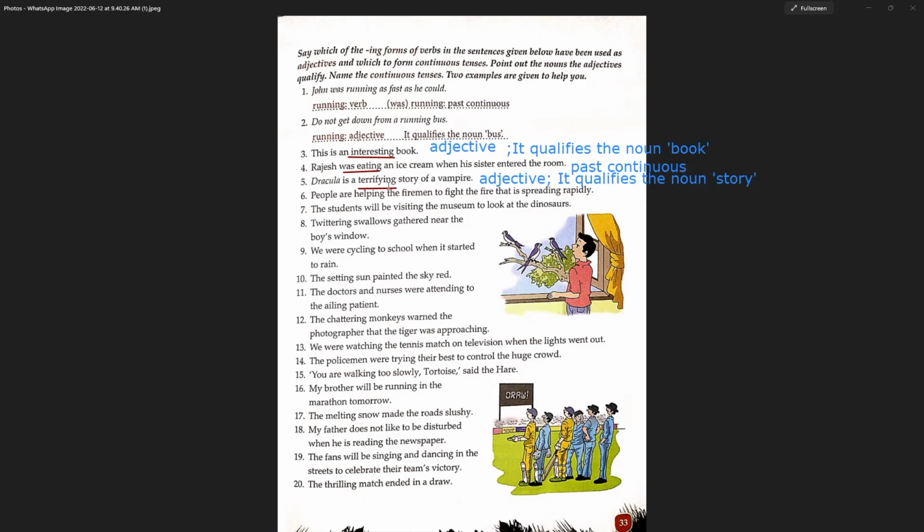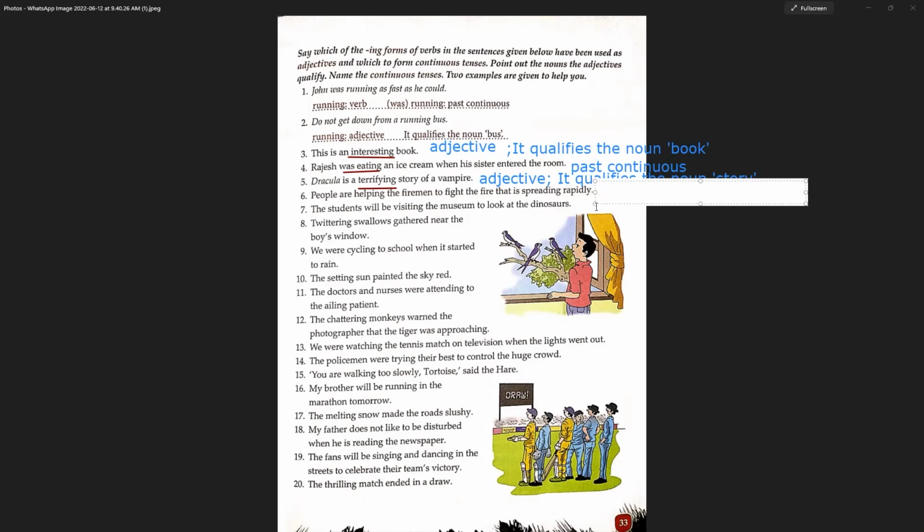Nadikshana, will you do number 6, please? People are helping the firemen to fight the fire that is spreading rapidly.